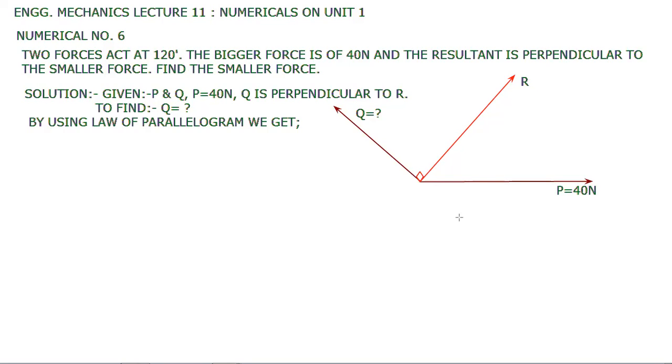Here this angle is 90 degrees. Now, in the law of parallelogram, you have been given one special formula for tan of alpha.